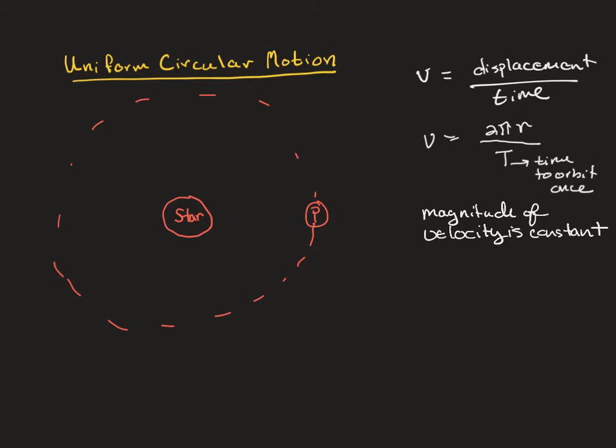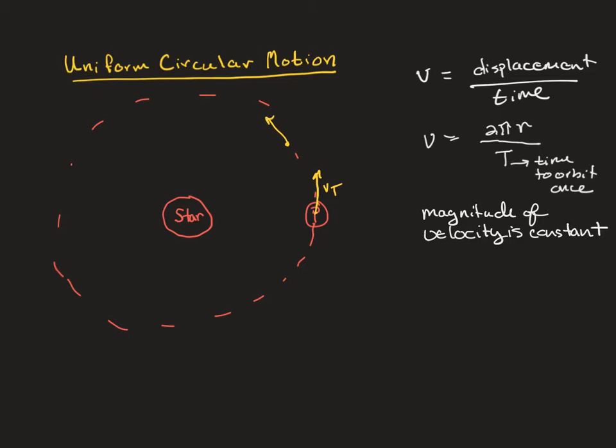But remember, velocity is a vector and it has both a magnitude and a direction. So let's think about the direction. Now this orbital velocity I've just derived here, velocity equals 2 pi r over T, is often referred to as a tangential velocity, because the velocity vector would point tangent to the orbital path.